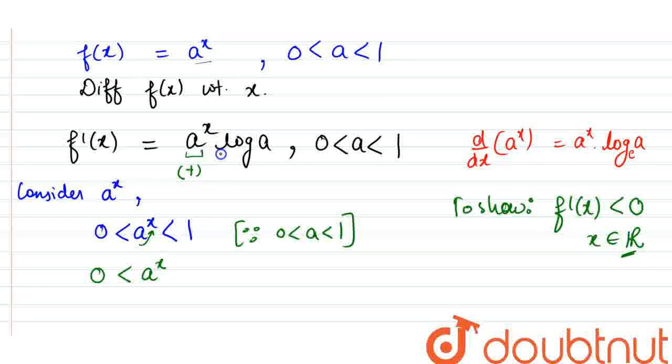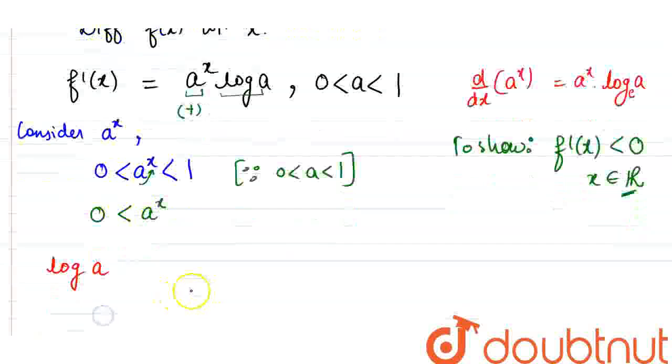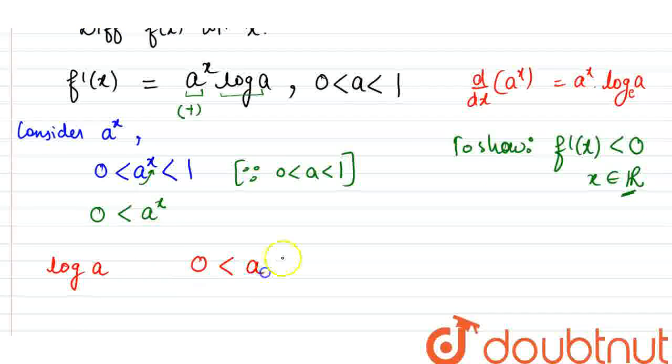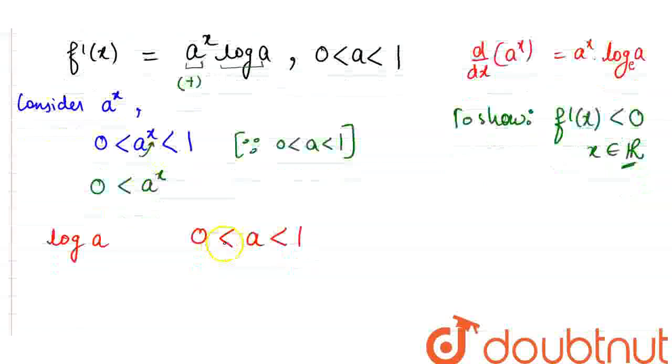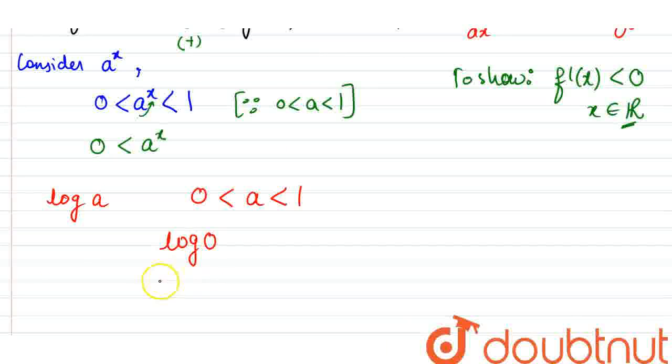Now, looking at the second term we have log a. Again a is lying between 0 and 1, and now we will consider log a. We know for log 0 the function is taking values to minus infinity, and at log 1 the function is taking value equal to 0.